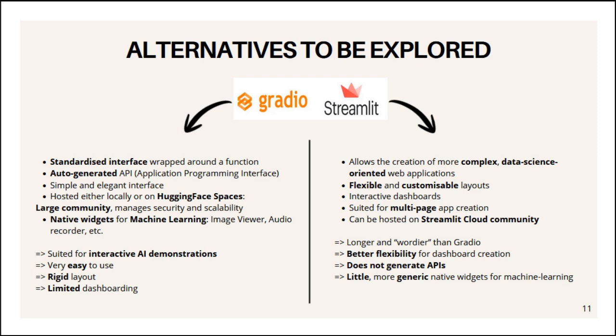The dashboards are very interactive and it is also suited for multiple page app creation. It can be hosted on Streamlit Cloud Community, which allows similar advantages as Hugging Face Spaces. However, it is longer and wordier than Gradio, but it does have a better flexibility for dashboard creation.